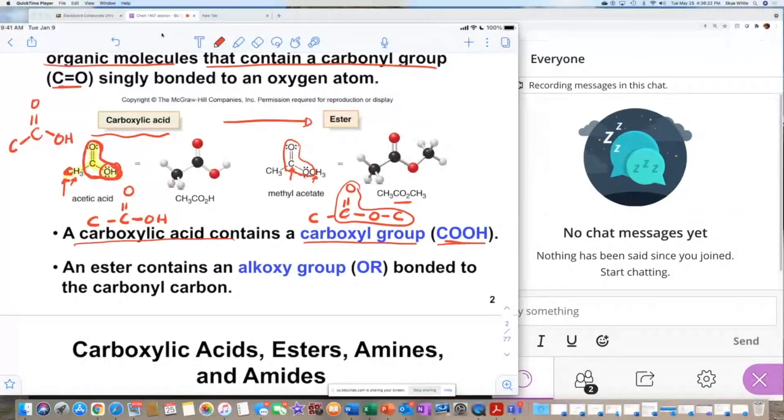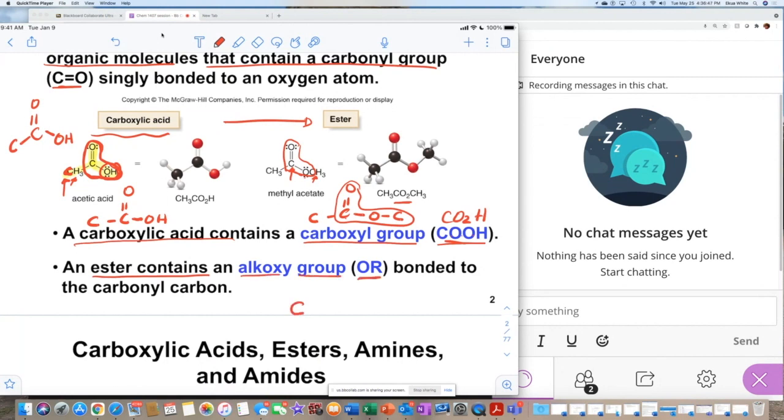It's written as COOH, which I used to abbreviate as COO, or CO2H. You want to be familiar with all different ways because we're dealing with so many different authors here. The book author, the PowerPoint author, the exam author, and they're not necessarily all the same person, or the same group. Anyway, an ester contains the alkoxy group, the OR.